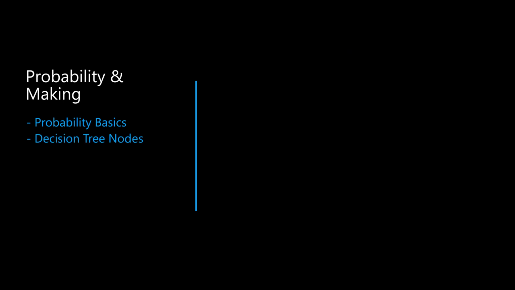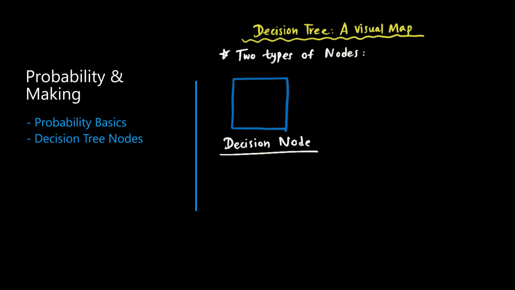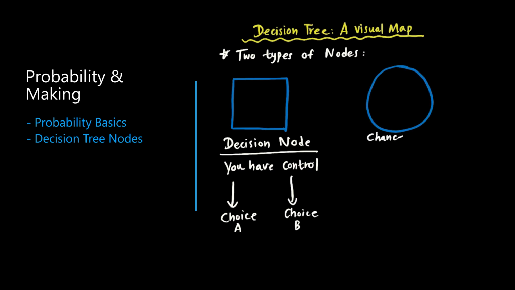One of the most powerful visual tools for this is the decision tree. A proper decision tree has two kinds of nodes, or points. First, we have decision nodes, which we draw as squares. A decision node is a point in time where you, the decision maker, have control. The lines coming out of a square node represent your possible choices.